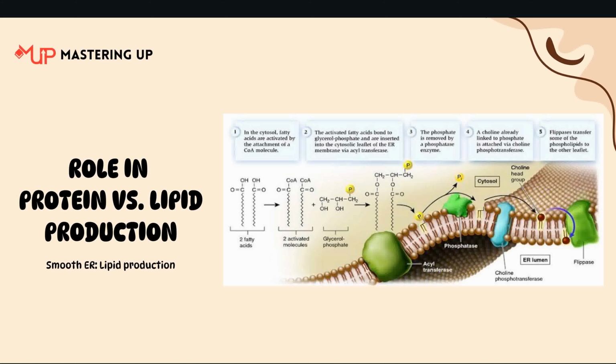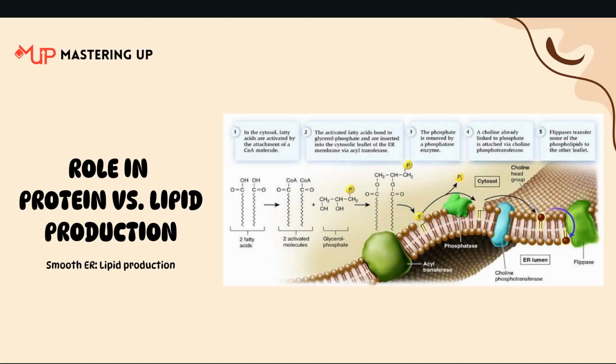The second step involves the activated fatty acids bound to glycerol phosphate and inserted into the cytosolic leaflet of the endoplasmic reticulum membrane via acyltransferase, and then the phosphate is removed by the phosphatase enzyme.